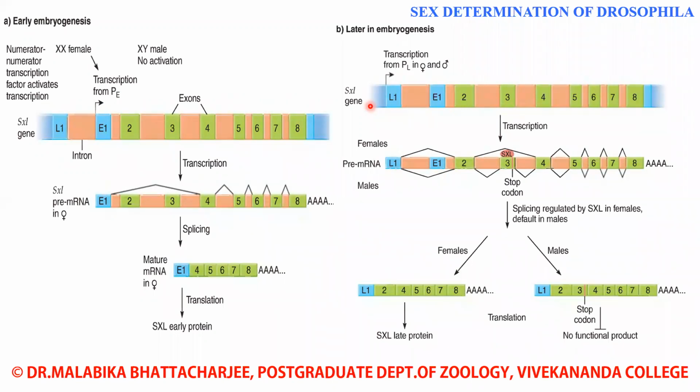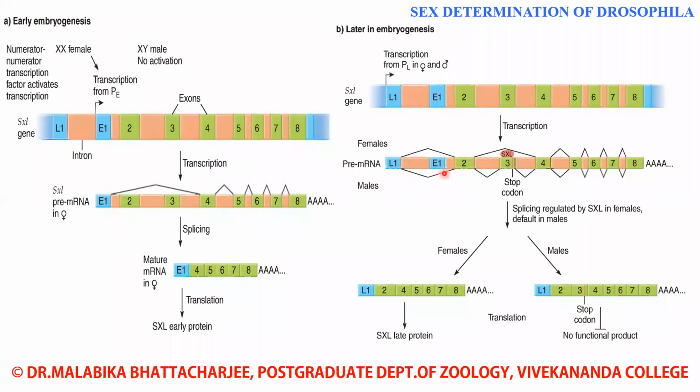Now, depending on whether an early product has been produced or not, we can get two different variants. So how is this happening? Later in embryogenesis, after gastrulation, SXL is transcribed constitutively from the late promoter. On transcribing this, we get this pre-mRNA, which is common for both male and female.